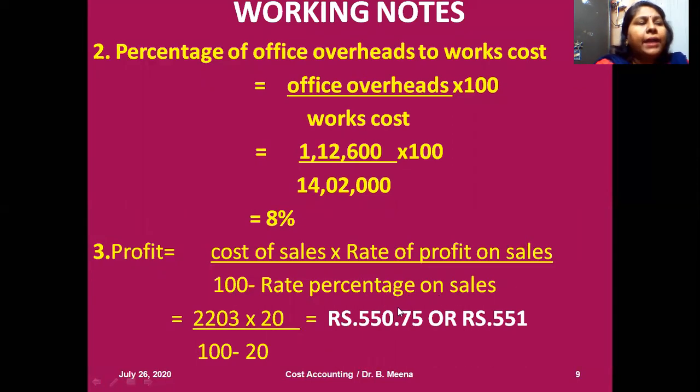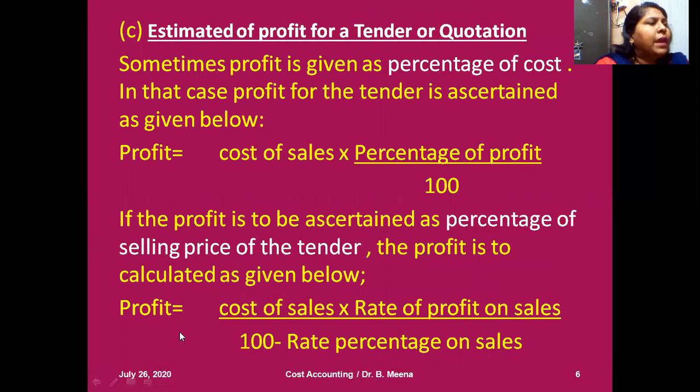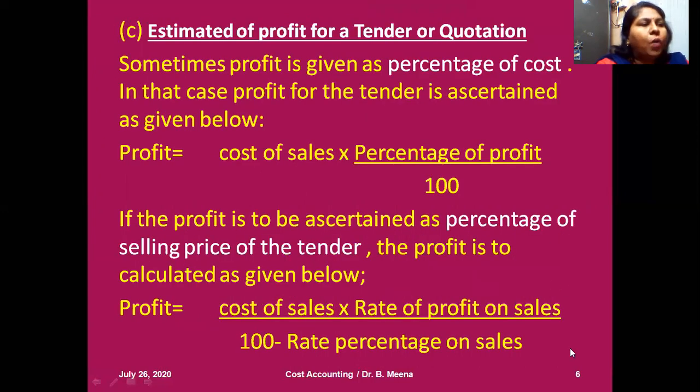Why did I apply this second formula? I told in the class, at the beginning, that we can apply either formula when the percentage on cost is given. But as per the problem, the percentage is given on sale. So when it is given on sale, we need to apply this formula only. So have an understanding.